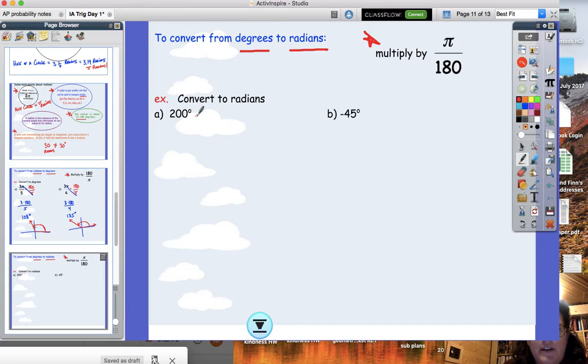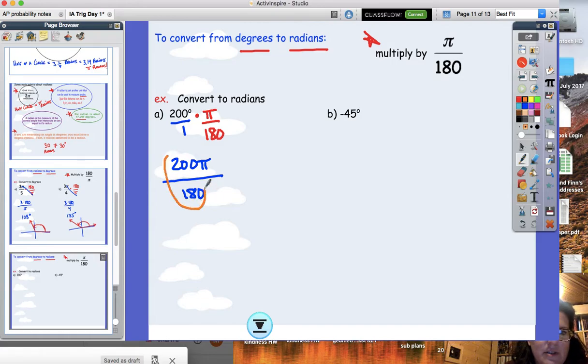So if I have 200 degrees and I want to convert to radians, I'm going to multiply by pi over 180. Now here we need to be just a little bit more careful. This is technically over 1. So if I multiply straight across the top and I multiply straight across the bottom, here's what I get. Now what I should always do is reduce.